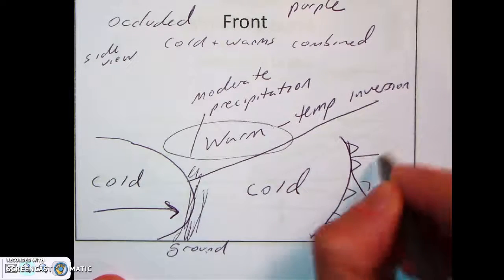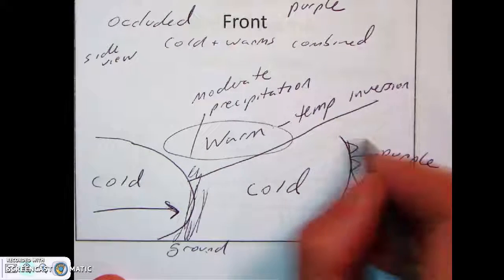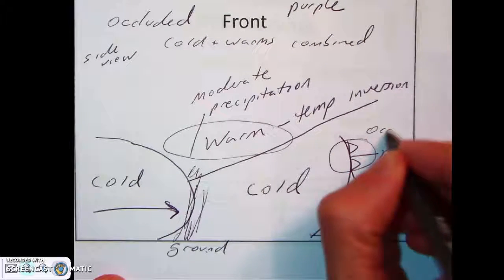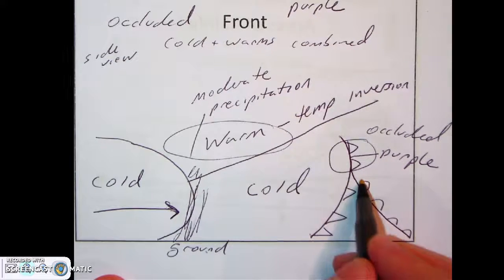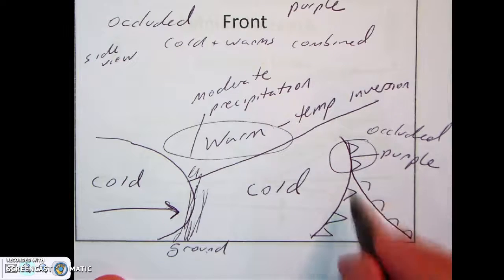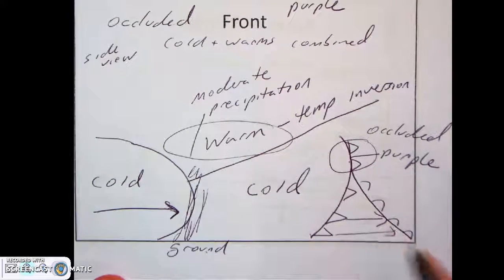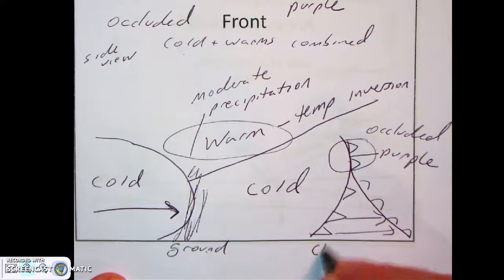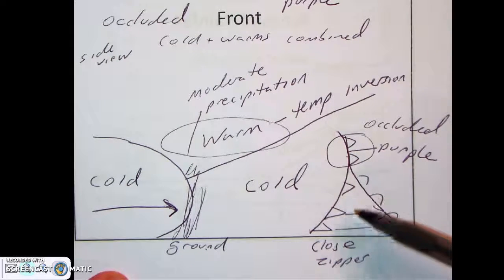And here, where it would be shaded in the purple, is the occluded front. The cold front has caught up with the warm front, and it's starting here, but the cold is going to catch up to the warm, and it's basically the whole thing is going to close sort of like a zipper on a jacket, and the whole thing gets closed up.